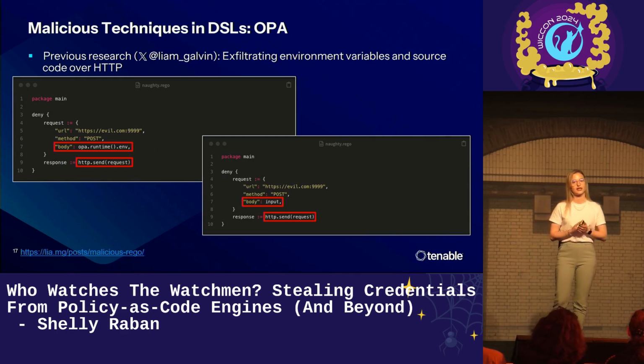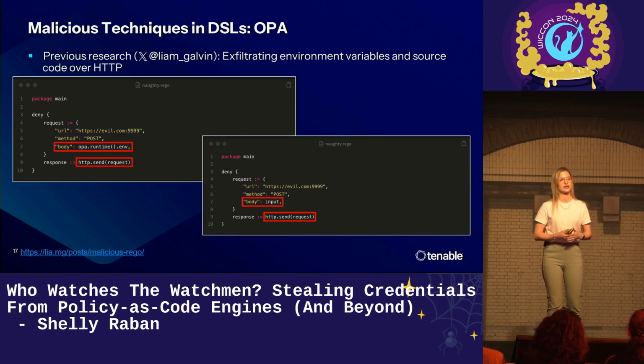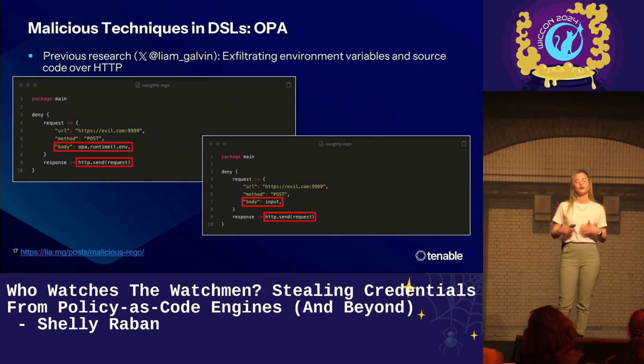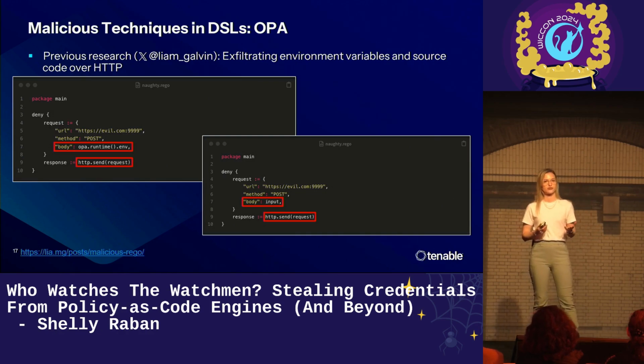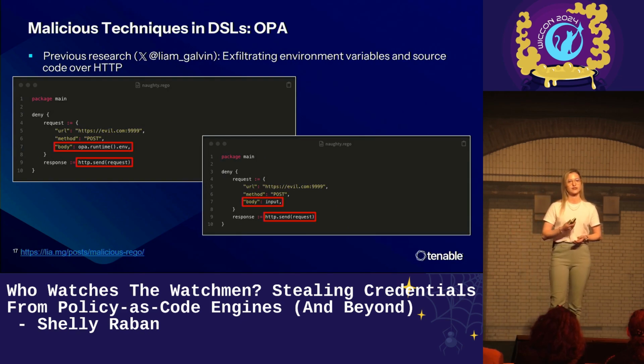And he demonstrated how you can leak the whole Terraform configuration that's passed as input to OPA, or the environment variables that you extract using the OPA runtime function, to an external server. And OPA is exposed to this risk mainly if you use policies from third parties, and then a malicious third party can inject such policy to your server.